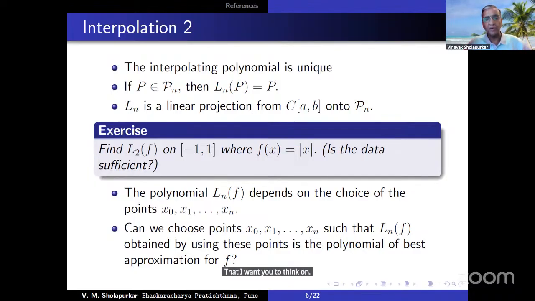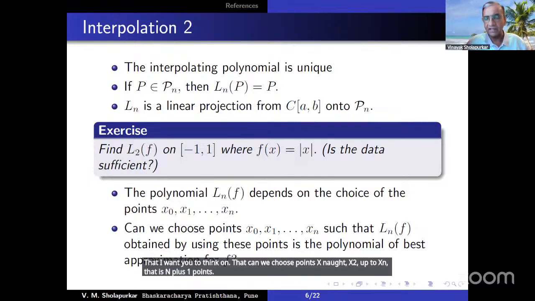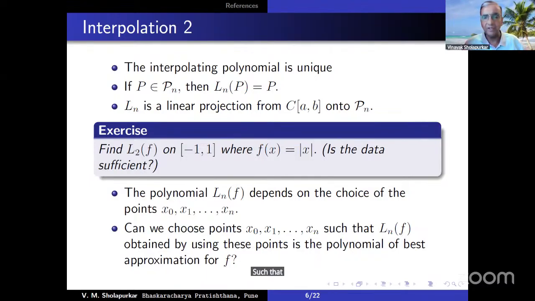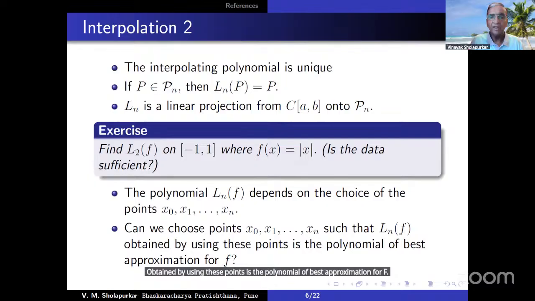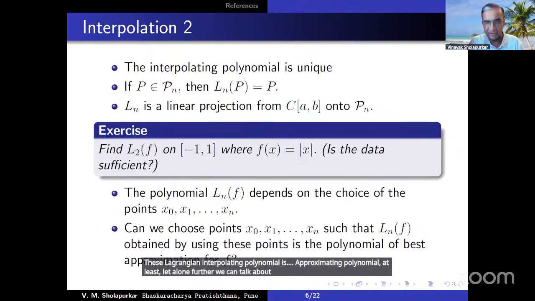Can we choose points x0, x1 up to xn, that is n plus 1 points, such that the Lagrange interpolation obtained by using these nodes is the polynomial of best approximation for f? Now, this is too much to expect. First of all, we must ask whether this Lagrange interpolating polynomial is an approximating polynomial at least, let alone further, we can talk about best approximation.